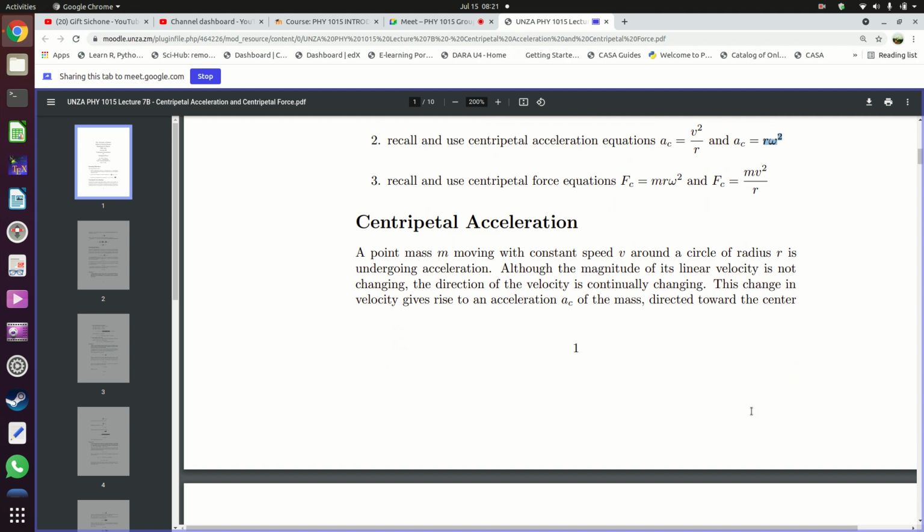Now, when it comes to centripetal acceleration, the other thing I will say is that any force which is keeping an object moving in a circle is referred to as a centripetal force. There are different types of forces which can act as centripetal forces, as we are going to see from the examples.